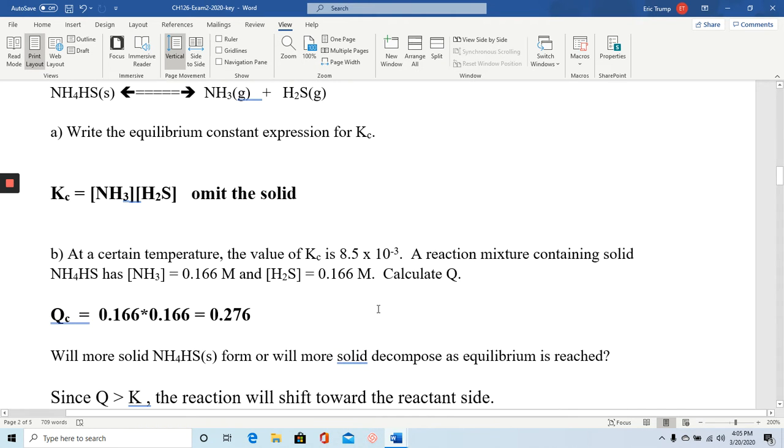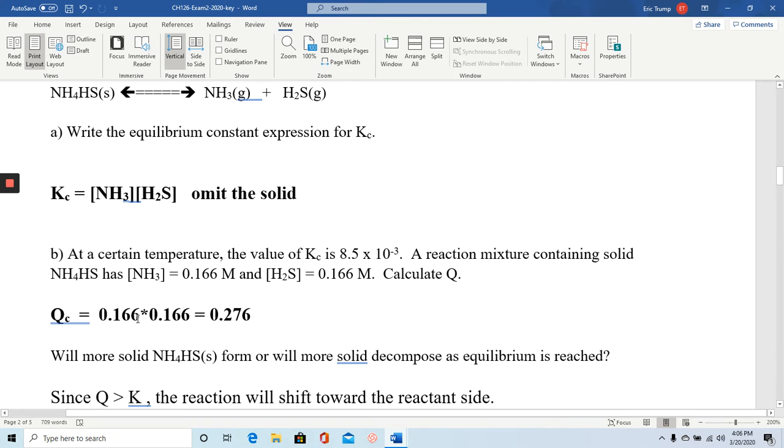At a certain temperature, the value of Kc is 8.5 times 10 to the minus third. A reaction mixture containing solid NH4HS has ammonia and H2S concentrations both equal to 0.166.